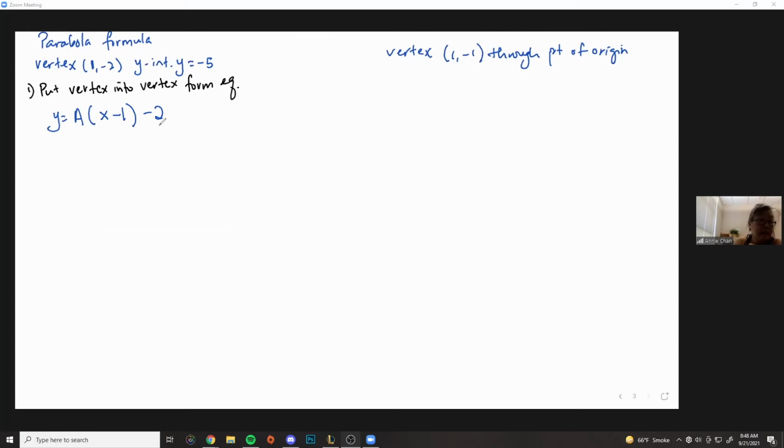Is this vertex form? No. What are you missing? Somebody help her. x minus 1 squared. Yes, squared. Don't forget squared. Okay, so now, am I done? What do I do?